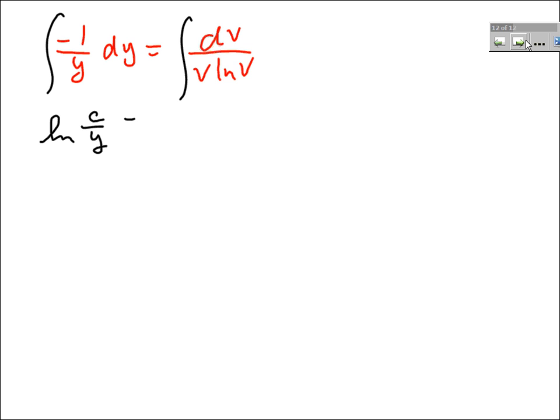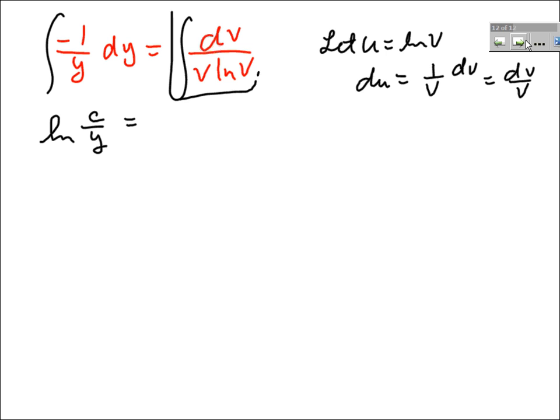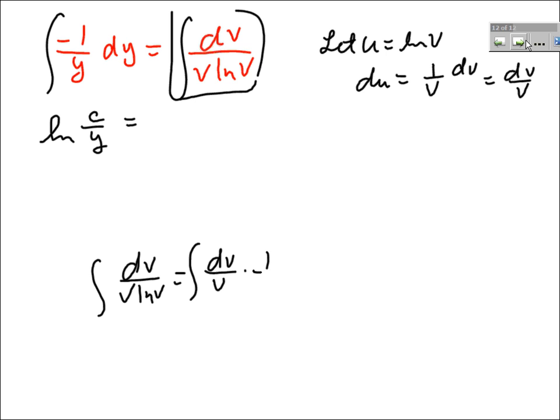Now, the right side. If I say let u equal to ln of v, well then du would be 1 over v dv, or dv over v. Let me write this integral on the bottom. Can I rewrite this or think of it as dv over v times 1 over ln of v?